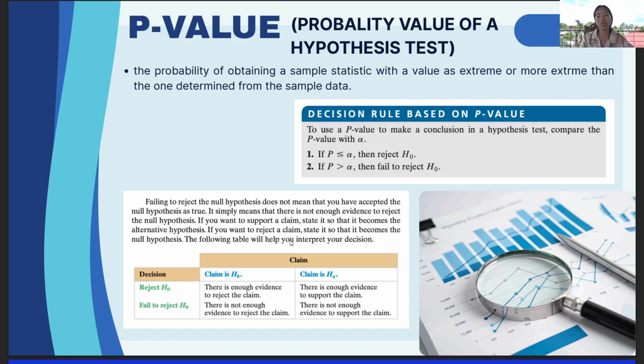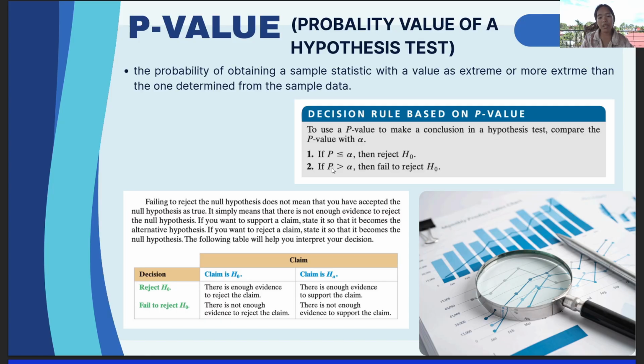To use the p-value to make a conclusion in a hypothesis test, compare the p-value with alpha. If p is equal to or less than alpha, then reject the null hypothesis.